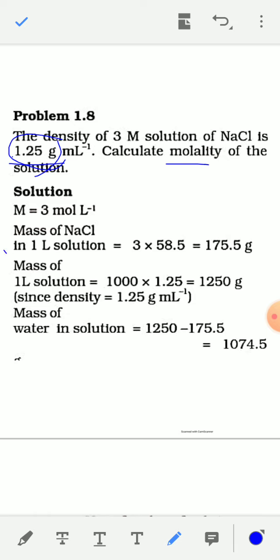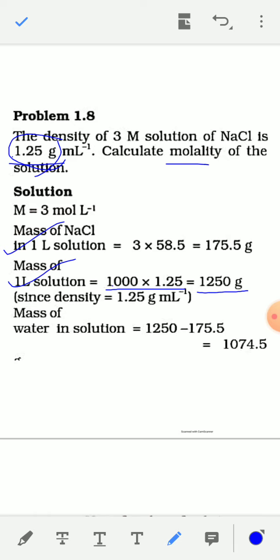So the mass of 1 liter solution, 1 liter meaning 1000 ml, is 1000 into 1.25, that is 1250 gram. 1250 gram is the mass of 1 liter of solution.